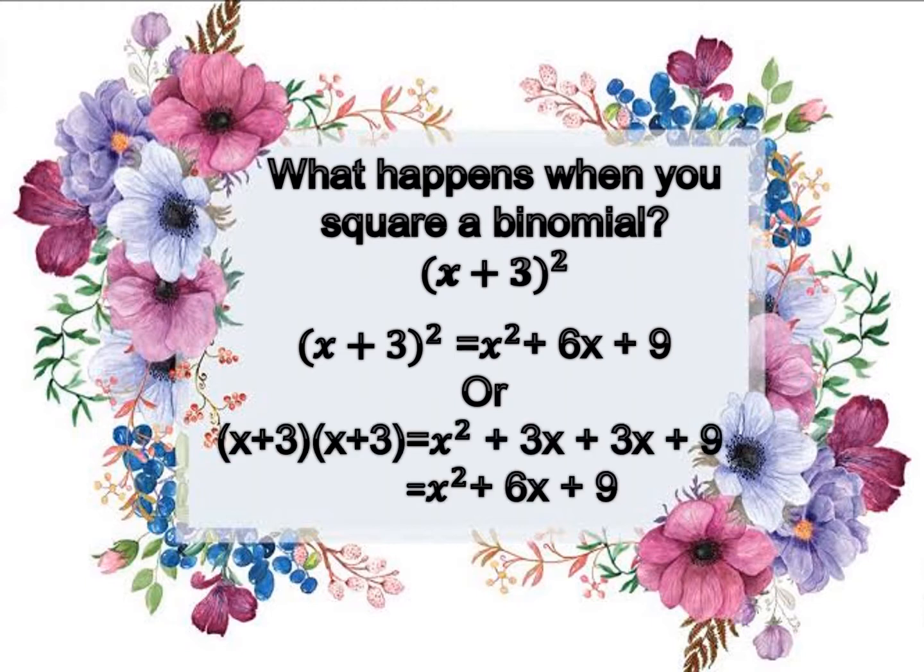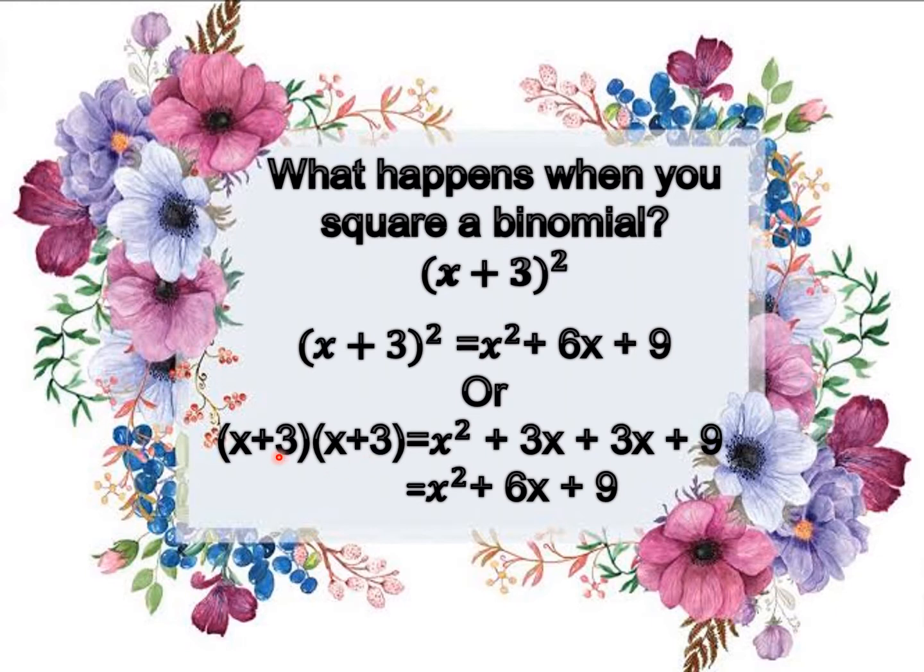Or if we are going to use the FOIL method, x plus 3 times x plus 3. So x times x is x squared. Then we have 3 times x, which is 3x.